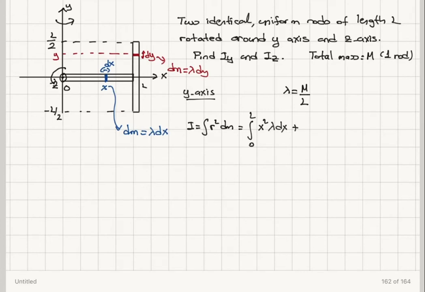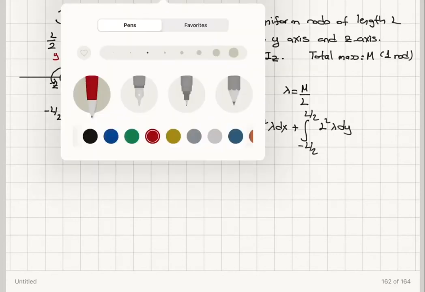And for the second rod I have from minus L over 2 to plus L over 2. The distance between mass elements and the y-axis is always equal to L, so it's going to be L squared lambda dy, right? So that's this distance here. Let me show it. This distance here is always equal to L.